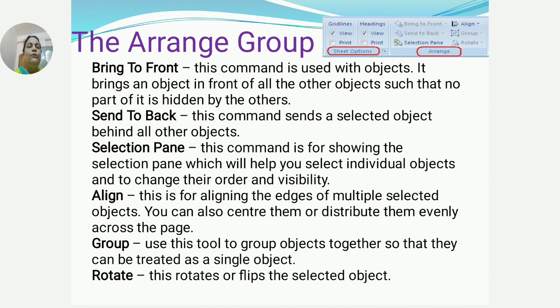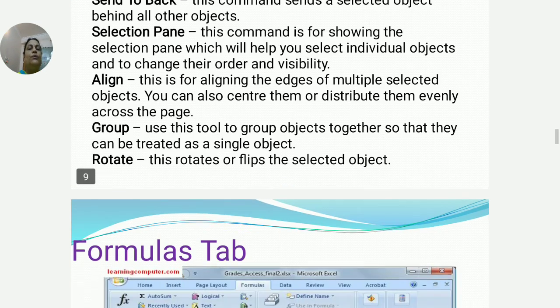If you want to select both at a time, you have to group them by using the group command. Next, rotate command. This rotates the selected object. So students, these are the functions of the commands under arrange group in page layout tab.